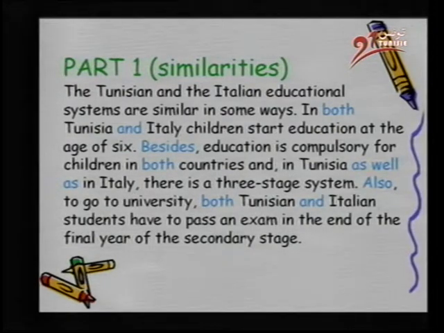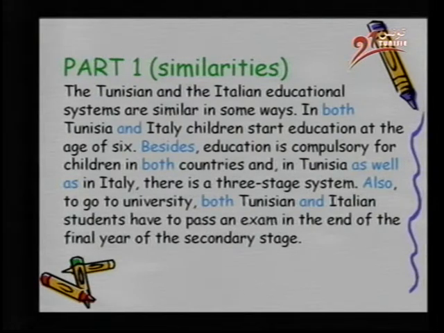The Tunisian and the Italian educational systems are similar in some ways. In both Tunisia and Italy, children start education at the age of 6. Besides, education is compulsory for children in both countries.